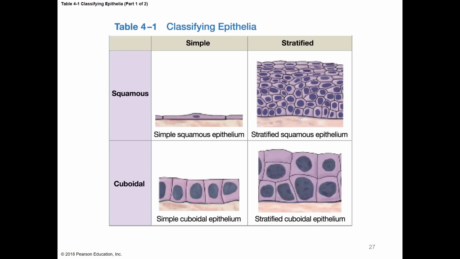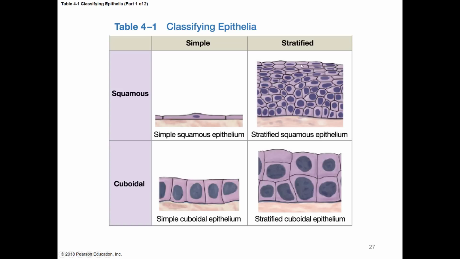And then the next thing we're going to do is determine shape. Well, that seems a little scary because there's a lot of shapes there. So what do you do when you have stratified epithelia? Well, the rule is we name the tissue by the apical surface. So we're only going to look at the top surface to determine what type of epithelia we have.